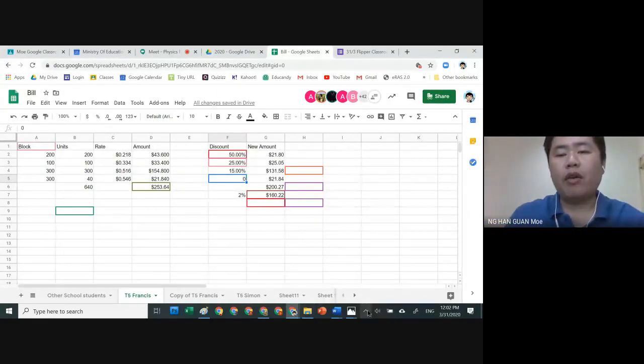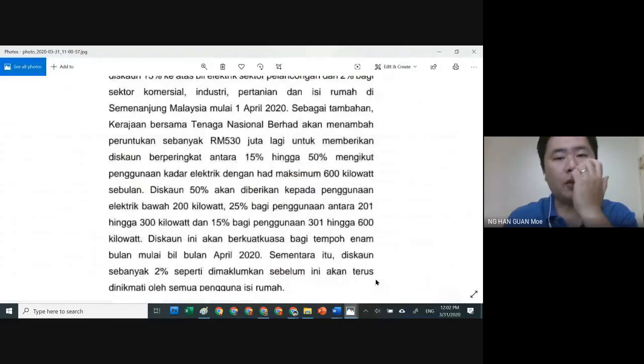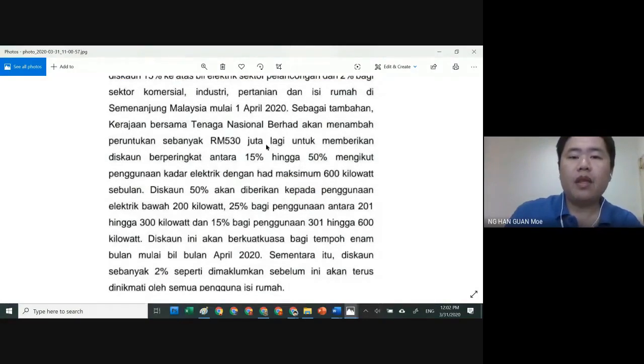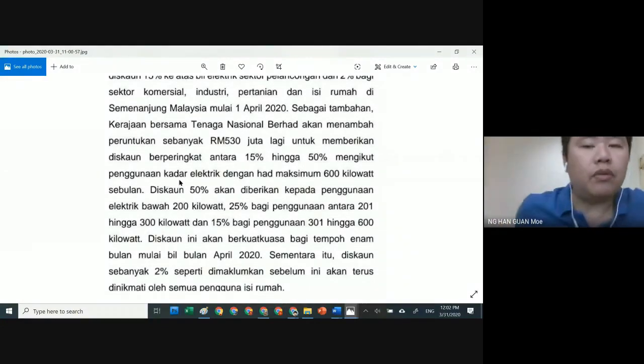So that's why, according to the statement here, look at my presentation screen here: "Memberikan diskaun berperingkat antara 15% hingga 50% mengikut penggunaan kuasa elektrik dengan had maksimum 600 kW sebulan."